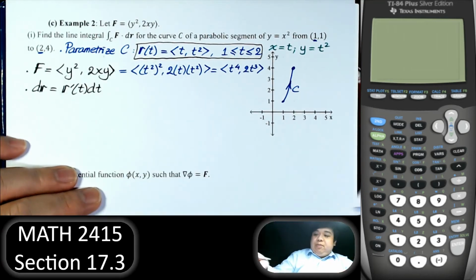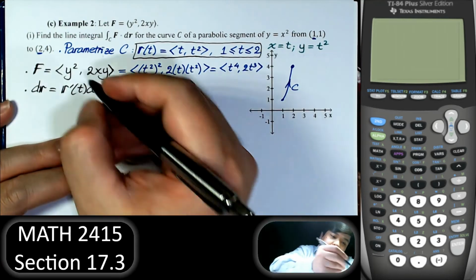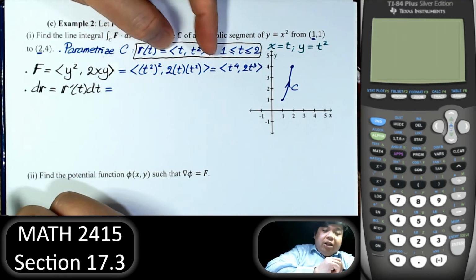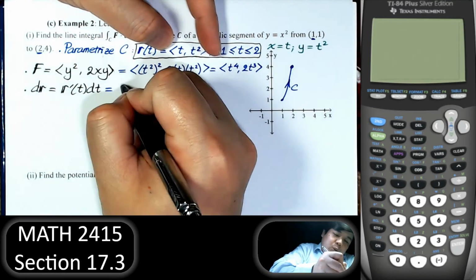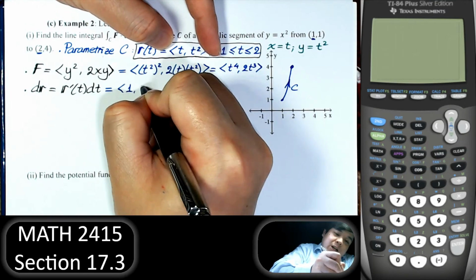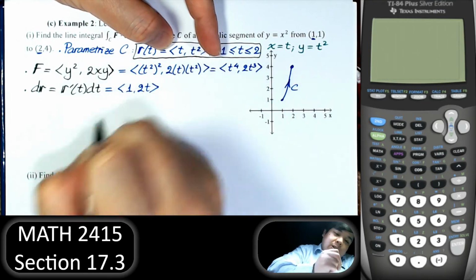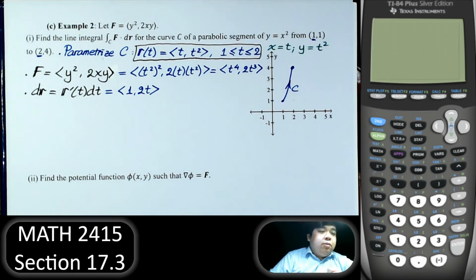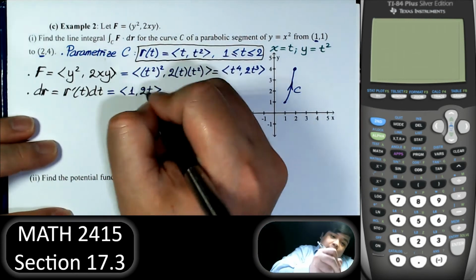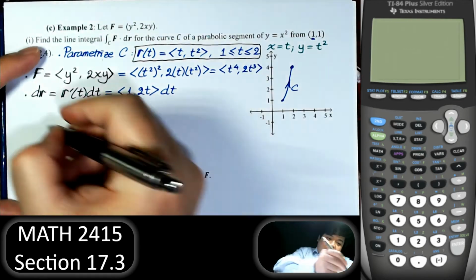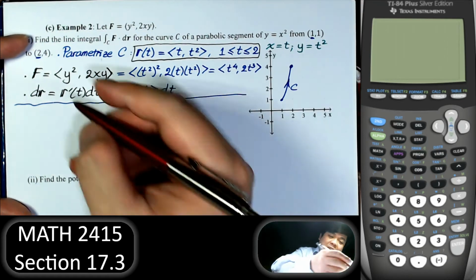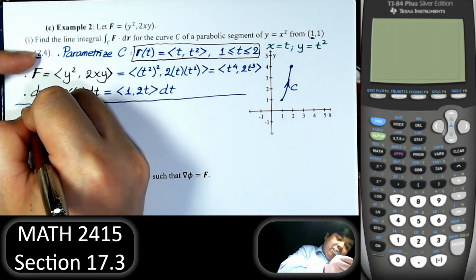So that's what we have. So the derivative of r, which is here, 1 and 2t. Don't forget there's dt. Right, so we have everything for the line integral. So that's a typical line integral problem.